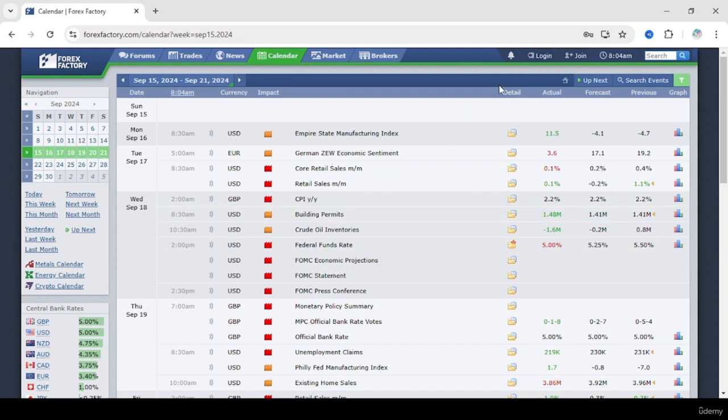Another thing: for most retail traders, or from the information you'll get from people who have traded before, or when you Google, the actual versus the forecast and the previous data given here is used by some people to trade.